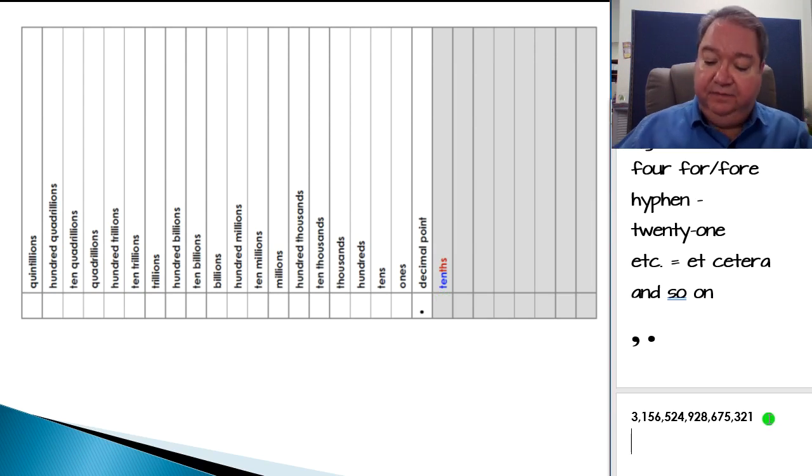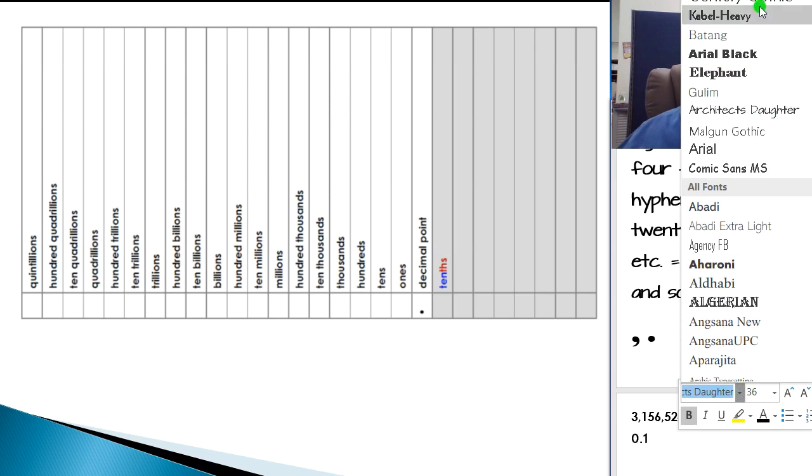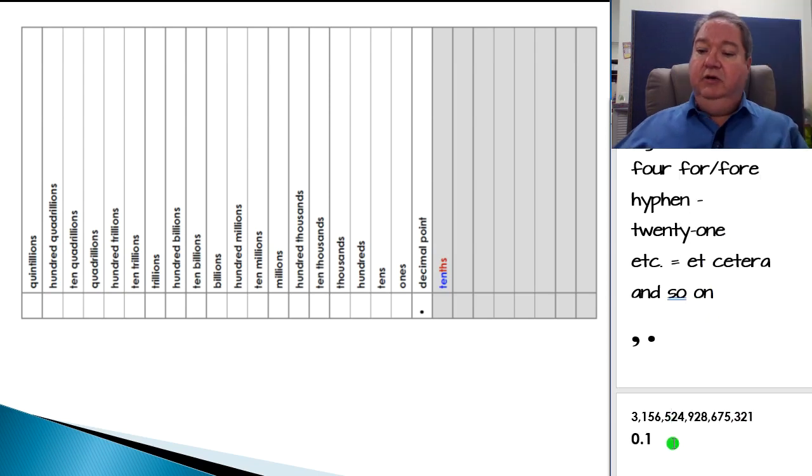Because if you have 0.1, how would you write that? What's another way to write that? 0.1, if you write that as a fraction, that would be 1 over 10. 1/10.